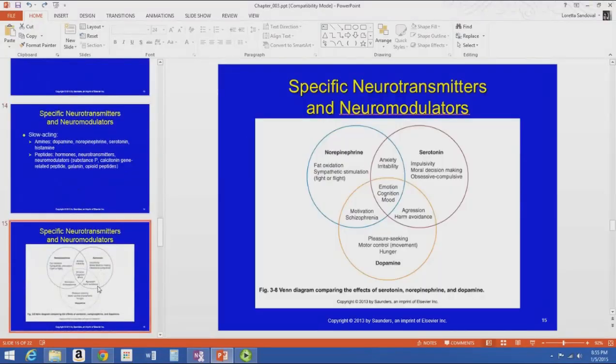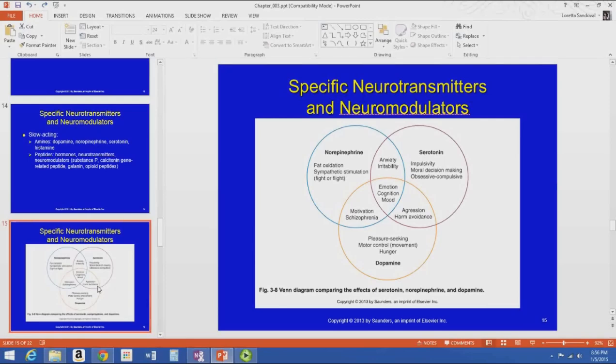There's this Venn diagram in the book, and I don't expect you to memorize this or anything, but I just think it's kind of neat. You see how serotonin and norepinephrine and dopamine interact to control our emotion, mood, and cognition, and how they function in some different pathologies too.